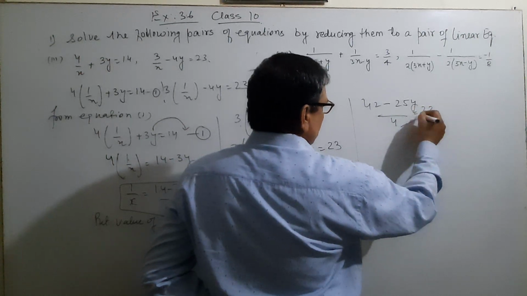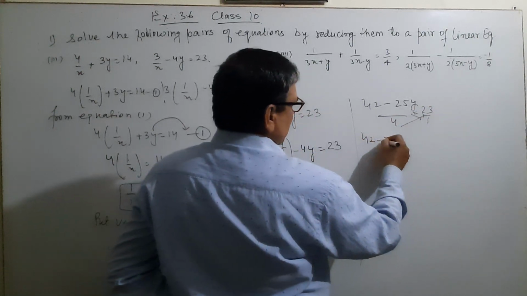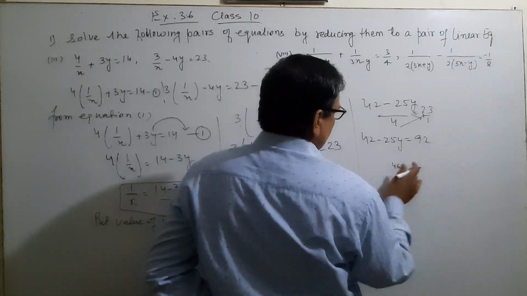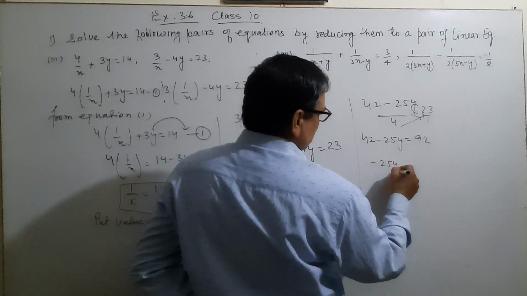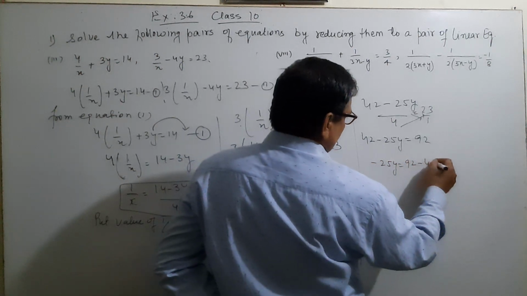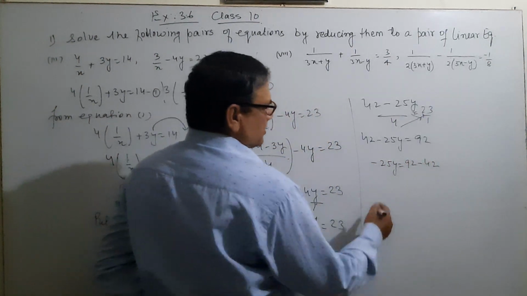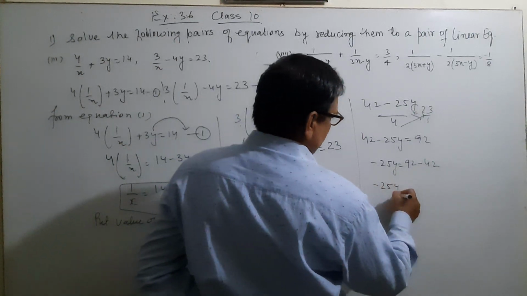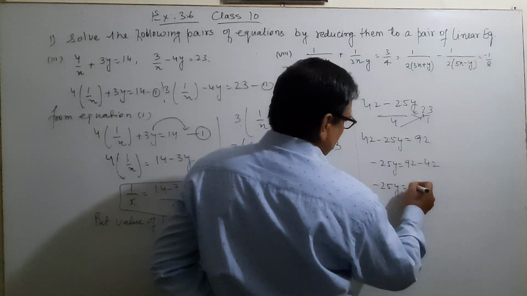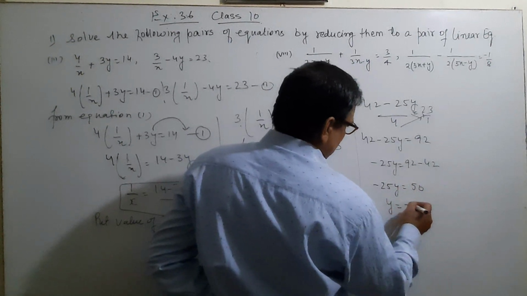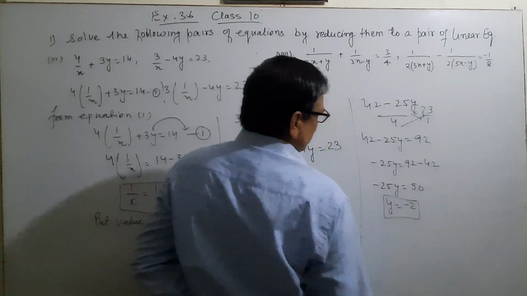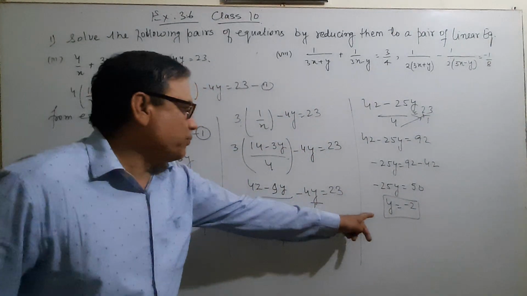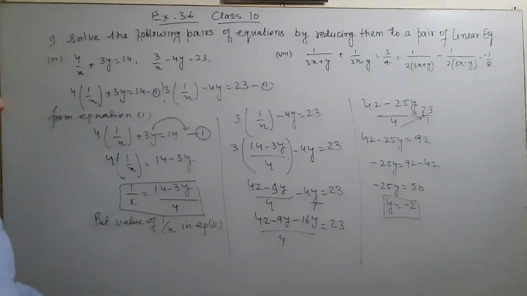Cross multiply: 42 minus 25y is equal to 92, minus 25y is equal to 92 minus 42, and here is minus 25y is equal to 50, and y is equal to minus 2. It is your answer. Value of y is minus 2, and this value of y put here.